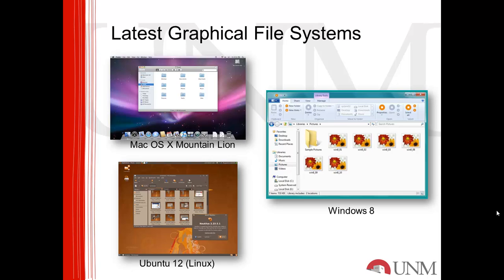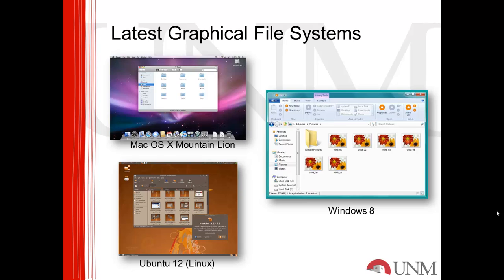Now, the latest versions of the three most popular personal computing operating systems have really souped up their file management capability and have a lot of interesting and even sometimes useful tools that have been added on to the file managers to make file management less of a chore and more of an enjoyable user experience.